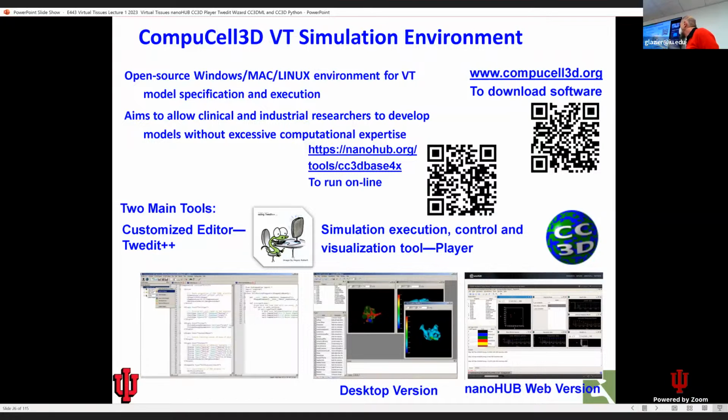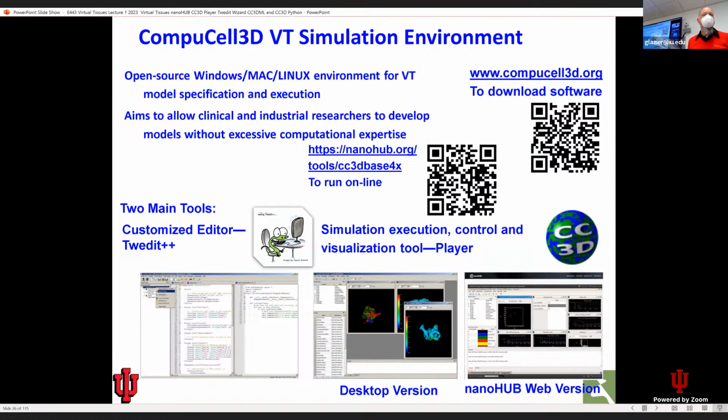CompuCell, the software package we're going to use, exists in two components. There is a model editor called Twedit++, that is a smart editor that has a lot of features that make it easier to build models and debug them. And then there's something called Player, where you actually run the simulations and visualize them.